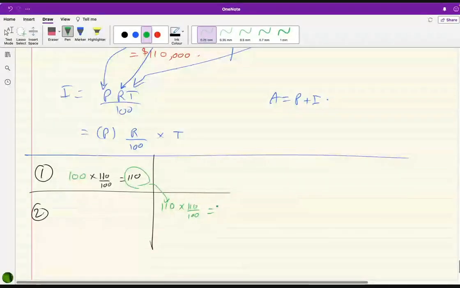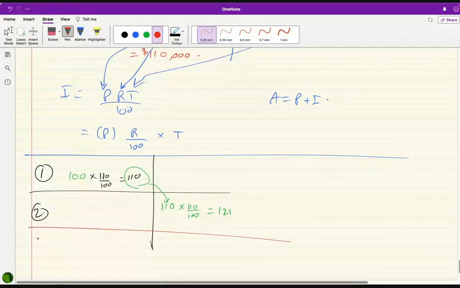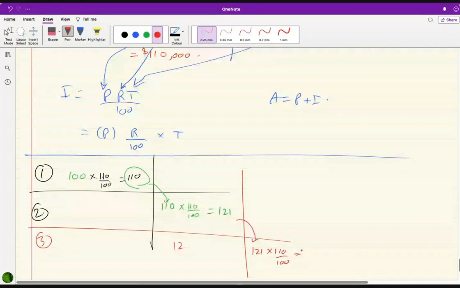And now we have to pay 121. And now this is what we owe. And if we still do not pay back, we have to pay 121 and again 10% interest, and we'll have to pay 133.1.